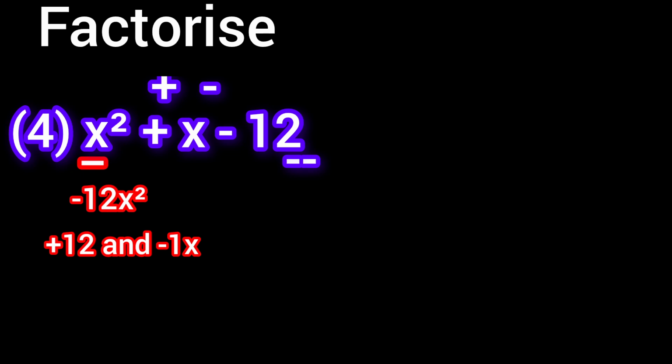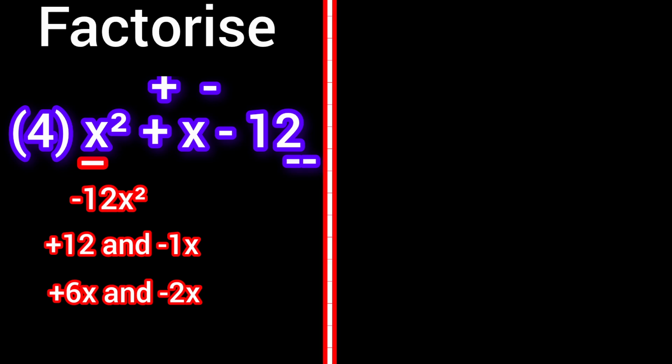So plus 12 and minus 1 is not the factor to use. Let's move to the next numbers, which are 6 and minus 2. 6s times minus 2s will give us minus 12s squared. But when we subtract, 6 minus 2s, we are going to have plus 4s. Then 6s and minus 2s is not the option.